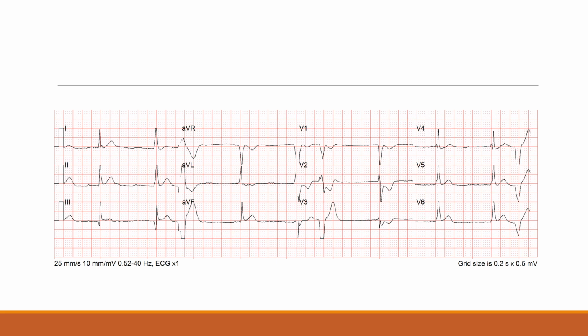Now this case is actually fascinating for a couple reasons, because that PVC in V2 also has ST depression that's moving with the QRS, which fits this whole thing called Sgarbossa criteria, which I did another video about, but not to nerd out on that. Let's look at the normal complexes there, and I see ST depression in V2 and V3. Well, if you know where those leads look, then that can have some pretty significant clinical implications.